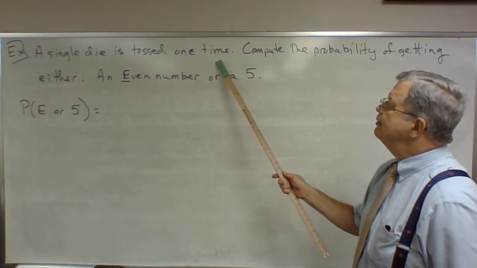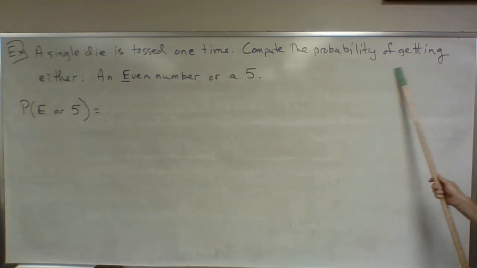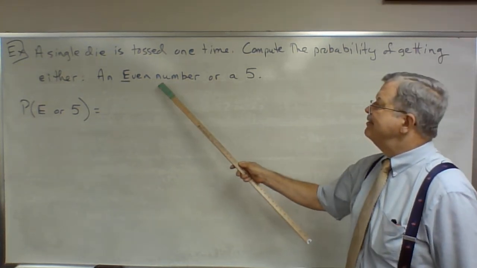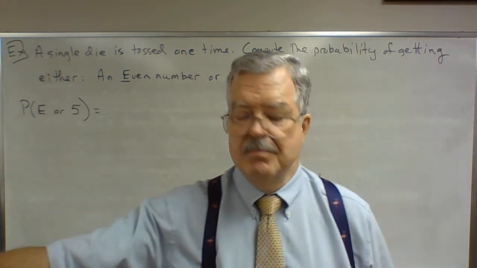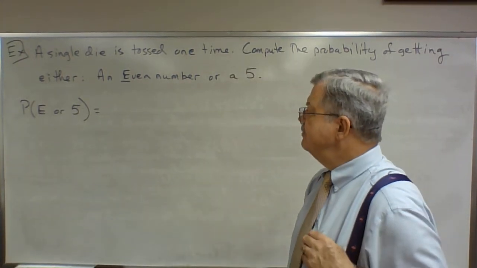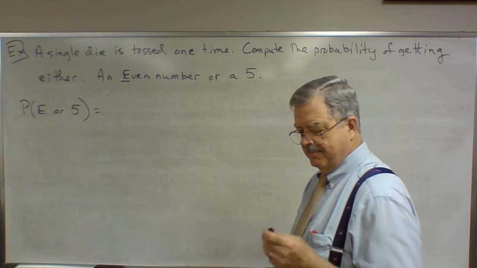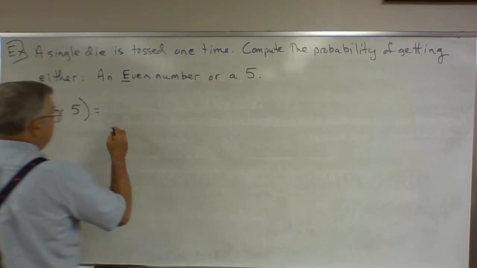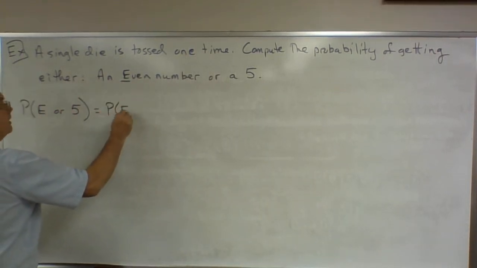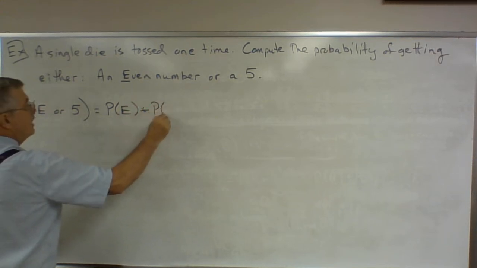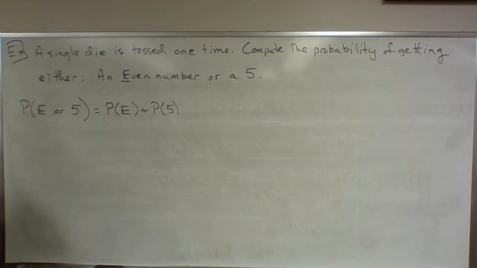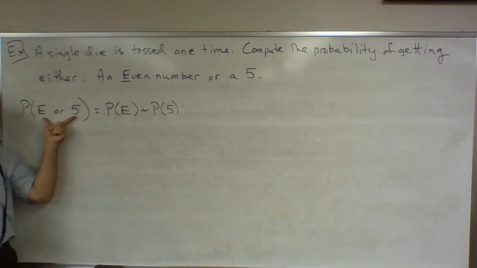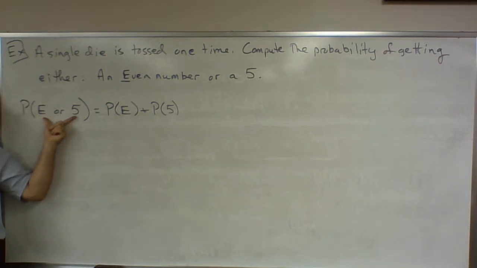A single die is tossed one time. Compute the probability of getting either an even number or a 5. Okay. Probability of an even number plus probability of a 5. And let me ask you something. Can both of these things happen at the same time?